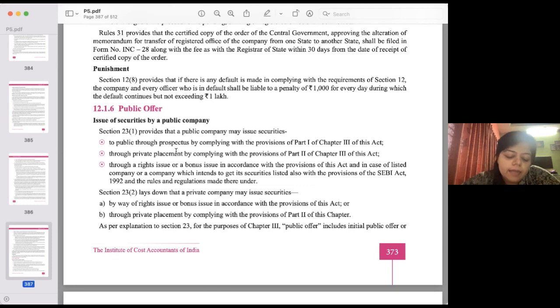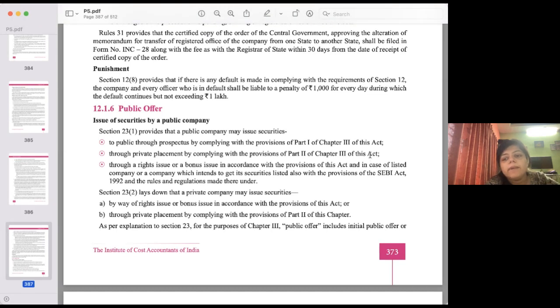Every single time that a company requires to raise capital, there are multiple ways of doing so. If it's a public company, it can go about making a public offer as well as making a private placement where you can choose your shareholders. There are multiple ways of raising capital.